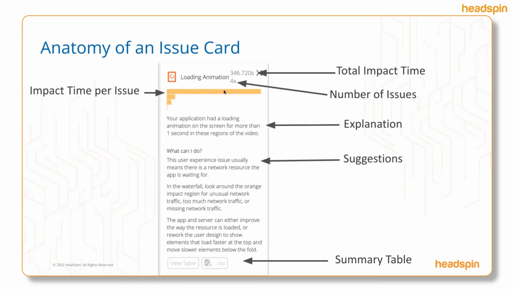So you can see there's one particular issue that persists for a long period of time, and the rest of the issues are pretty short and minor. So the total impact time here is really just the sum of the impact time per issue in this chart. So it's the sum of all of these. And that's actually what you see when this visualization is closed.